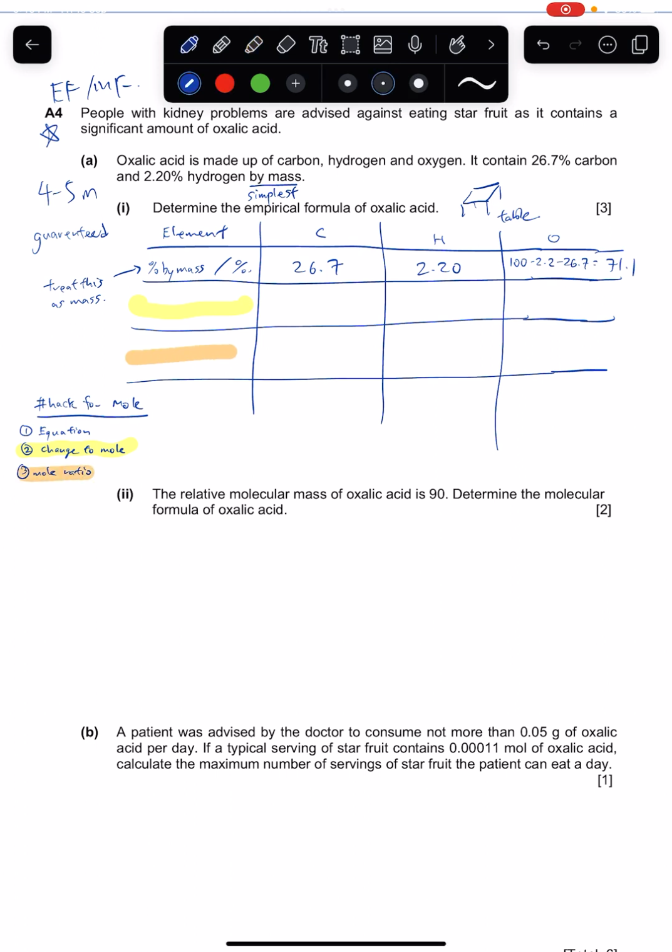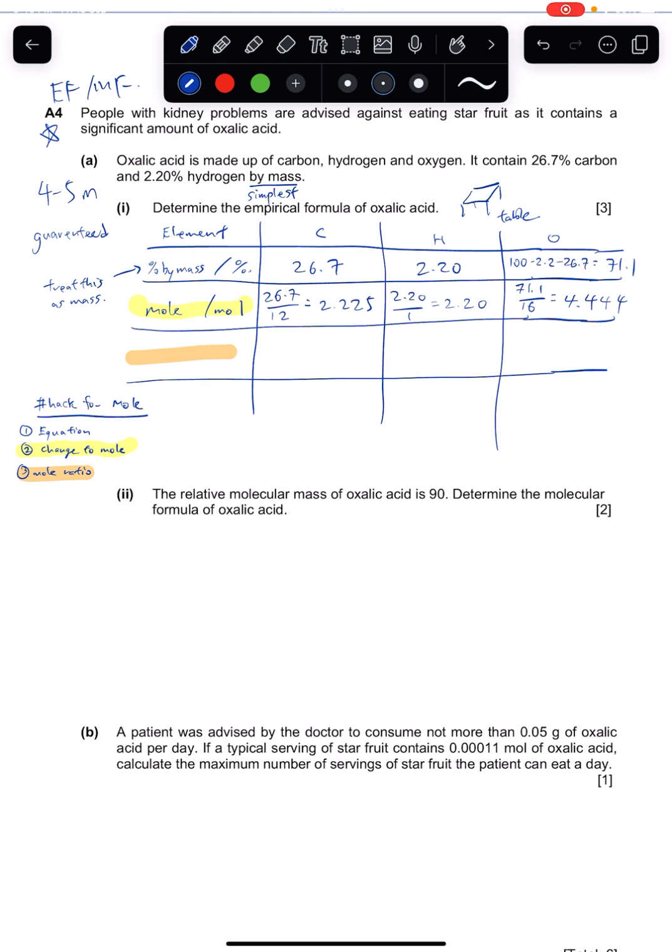Let's prove to you. So mass over Mr: 26.7 divided by 12, 2.20 over 1 equals 2.20, 71.1 divided by 16. This is where I use the calculator. 26.7 divided by 12, I get 2.225. 71.1 divided by 16, I get 4.444.